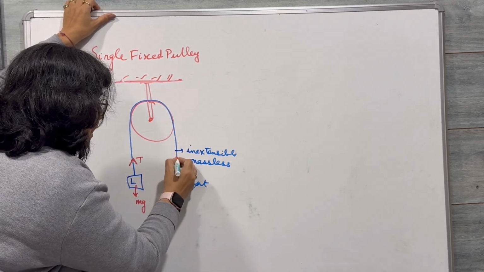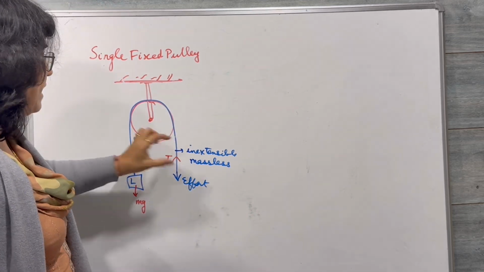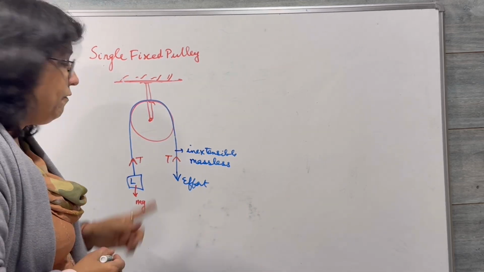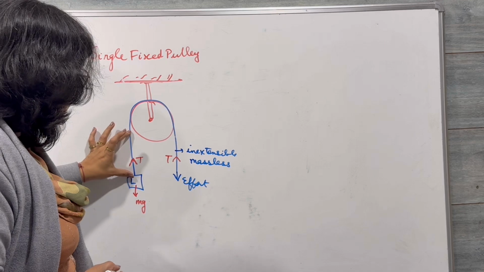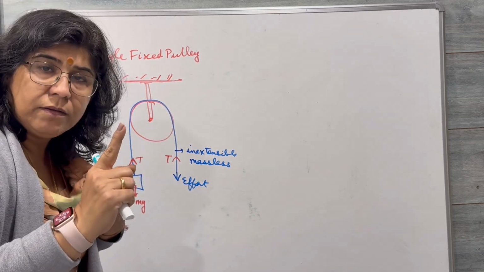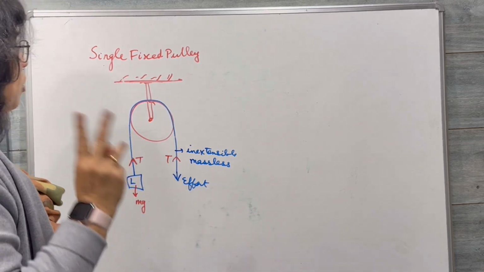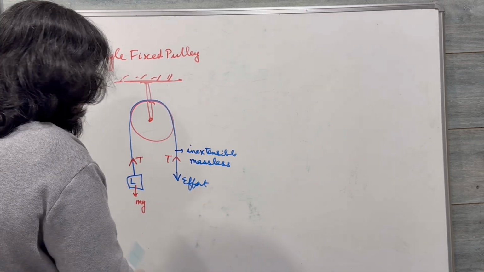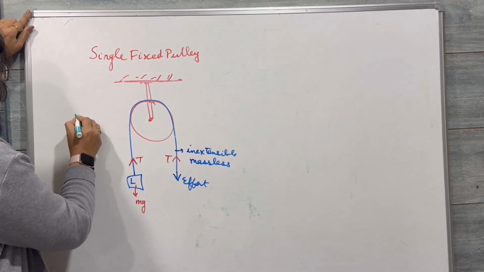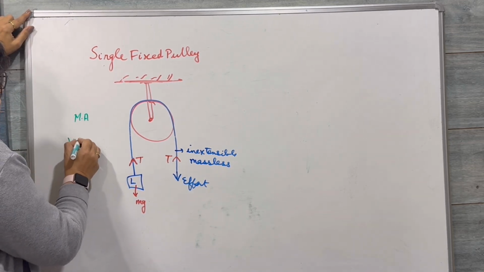At least we'll try to oppose it. So that is tension. If there is one string, every strand will have tension and the tension will be equal if there is the same string.